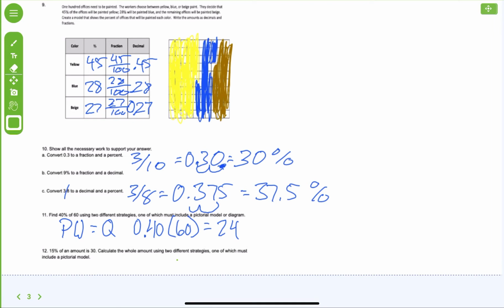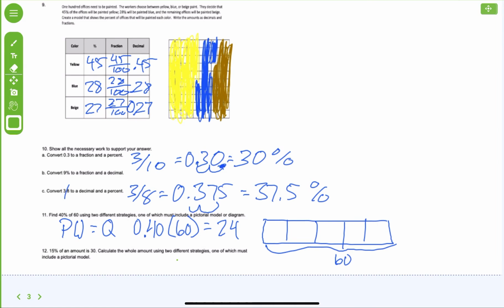Now, it says, one of which must include a pictorial model or a diagram. Well, now we have to do a diagram of that. How are we going to do that? So, one way you could do that, let's do this. If all of this is 60, okay, and I'm going to break that into 40%, I know that fifths, remember this is what you need to know, a fifth is equal to how much? 20%.